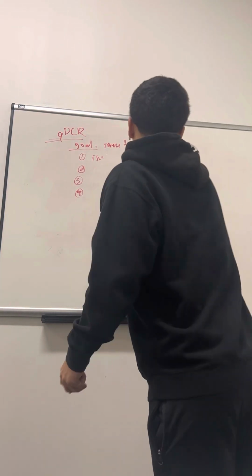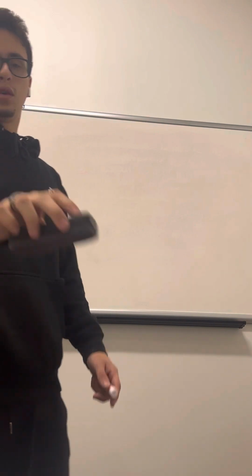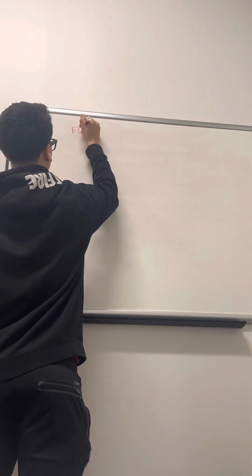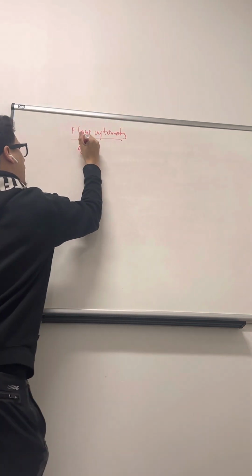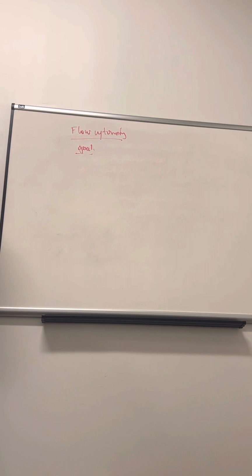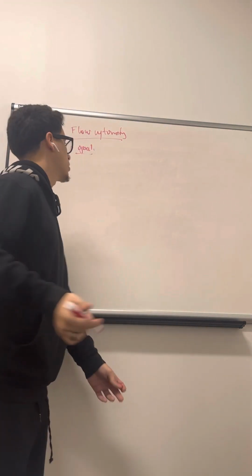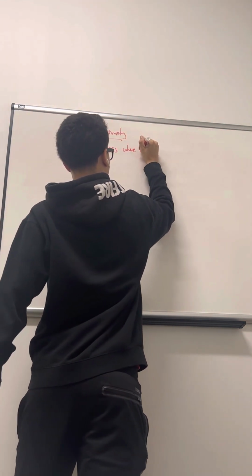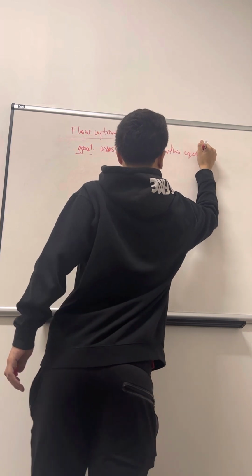Now for the last experiment we're going to do in the laboratory to answer these questions, it will be flow cytometry. The goal of flow cytometry is to assess where the cells are within the cell cycle.